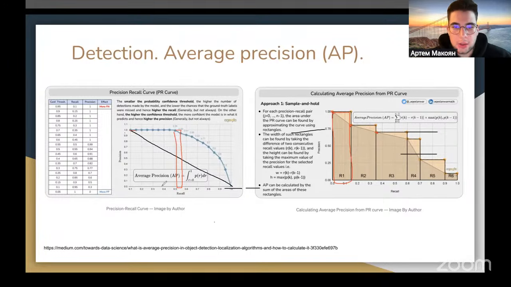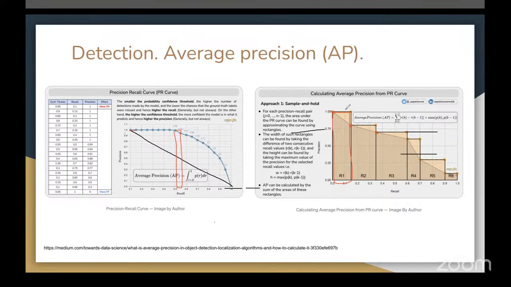Okay, many thresholds. Okay, how to count the area of this rectangle? Who knows what is the area of a rectangle? Height times width. Yeah, right.